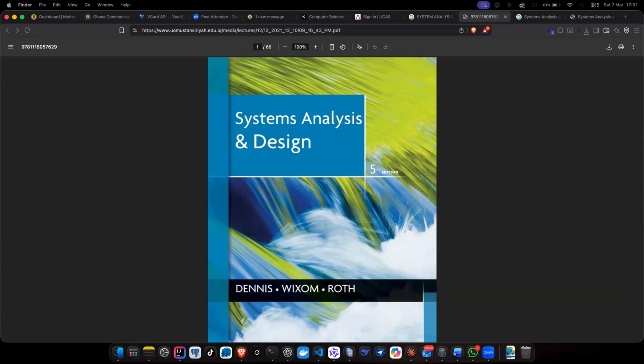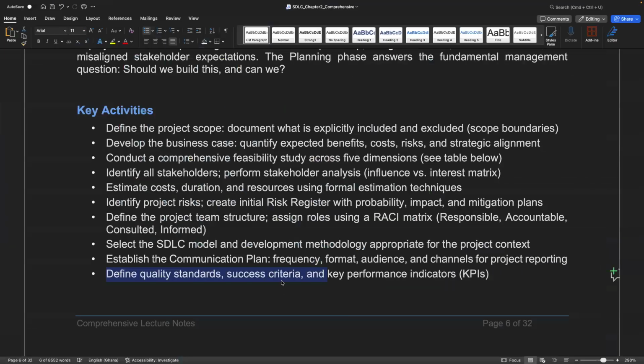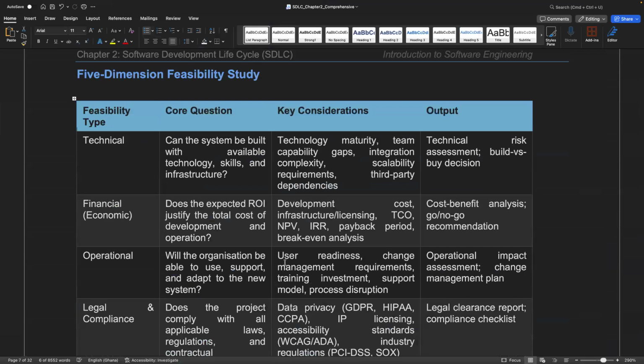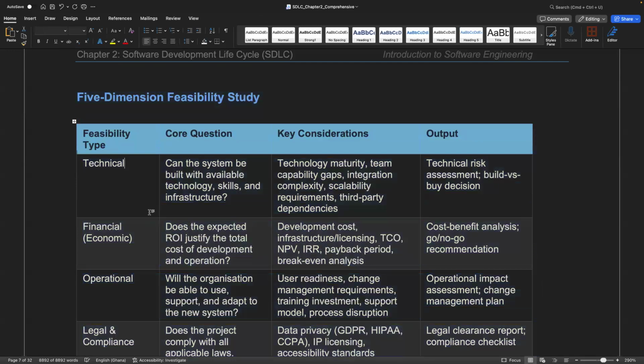So this is where you'll be referencing for all the assignments that I will give to you guys. So for the feasibility studies, we have the technical. We have five dimensions, but the book has I think only three, which means that you need to add the remaining two.